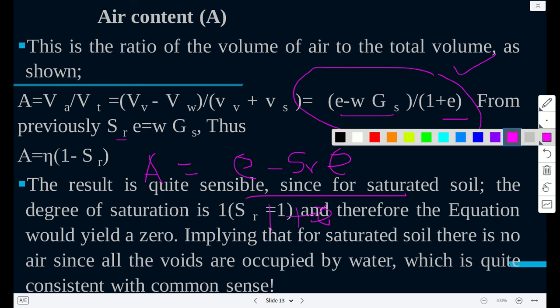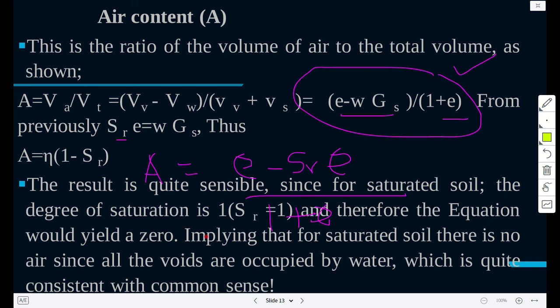I want to see the person who is concentrating. If you factorize this, A equals, how do you factorize E over 1 plus E, because E is common, into what?